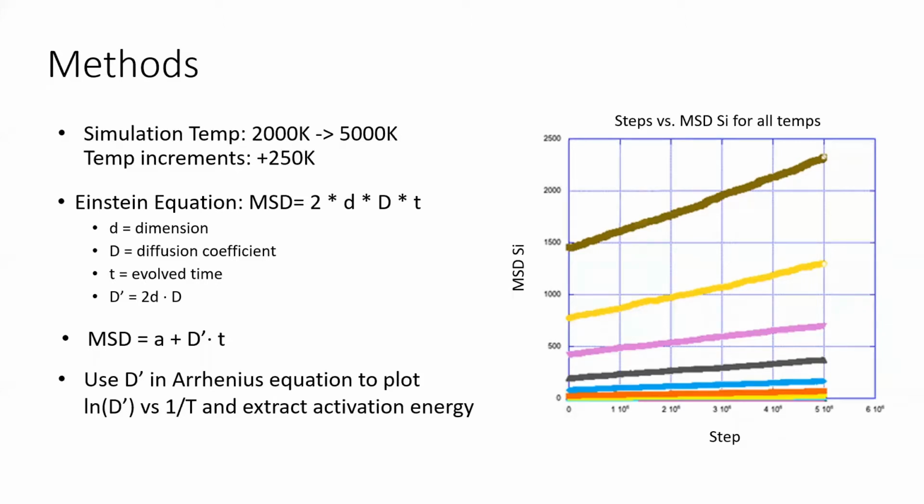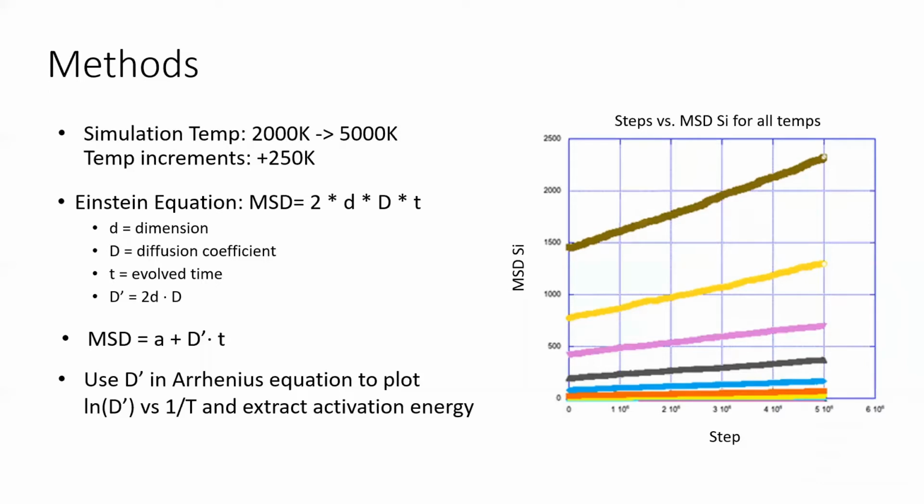So this is the Einstein equation, where he related the mean square displacement of a particle with a self-diffusion coefficient as a function of time. We can rewrite this Einstein equation as a linear equation where D prime is the slope when we graph steps versus MSD, like what I did in the graph that you see on the right.